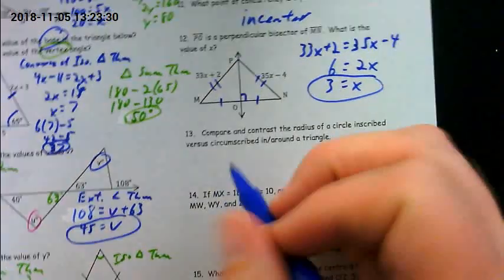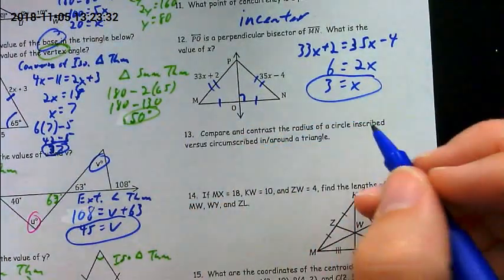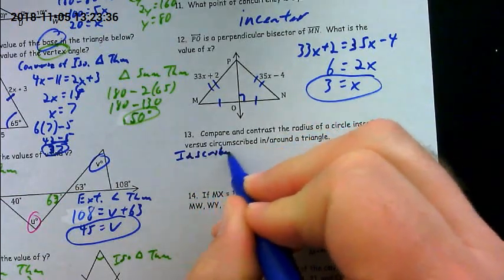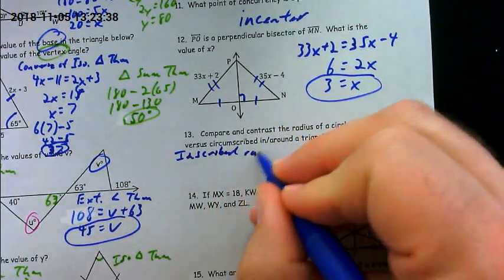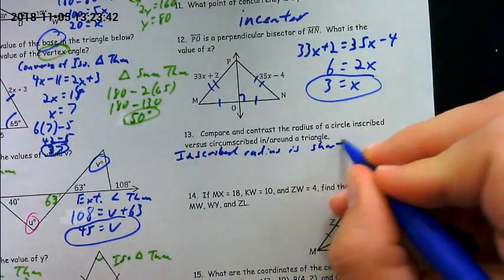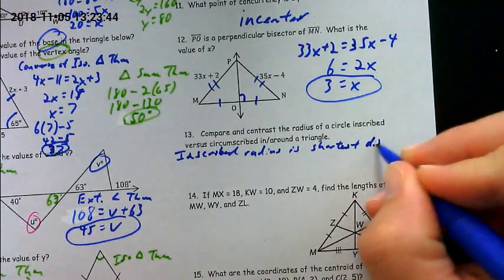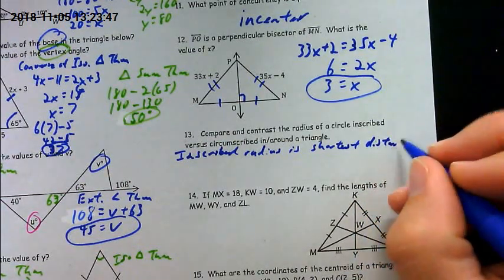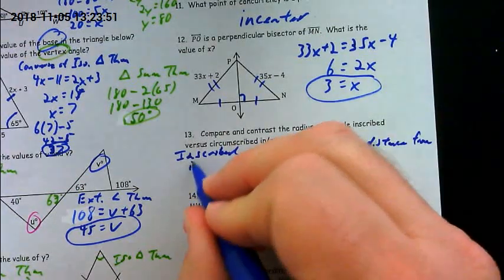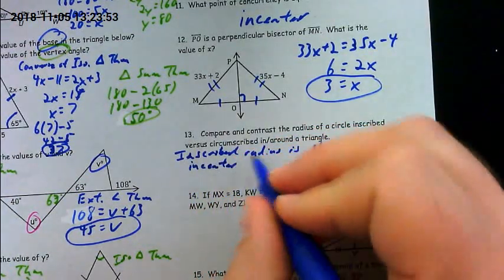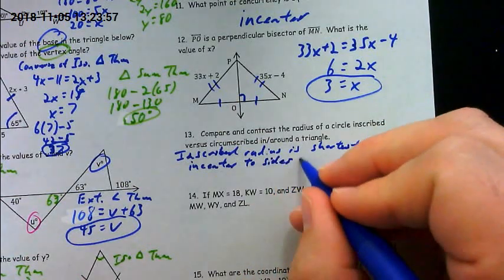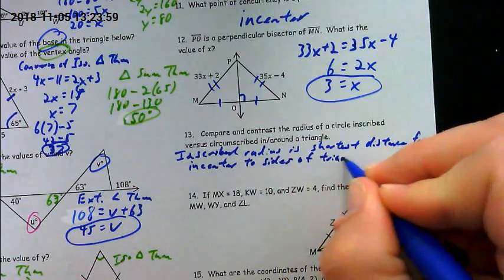So what you could say here is, let's see, inscribed radius is shortest distance from incenter to sides of triangle.